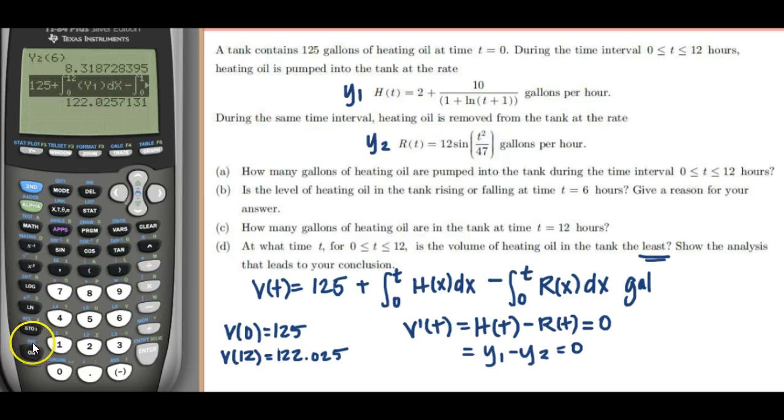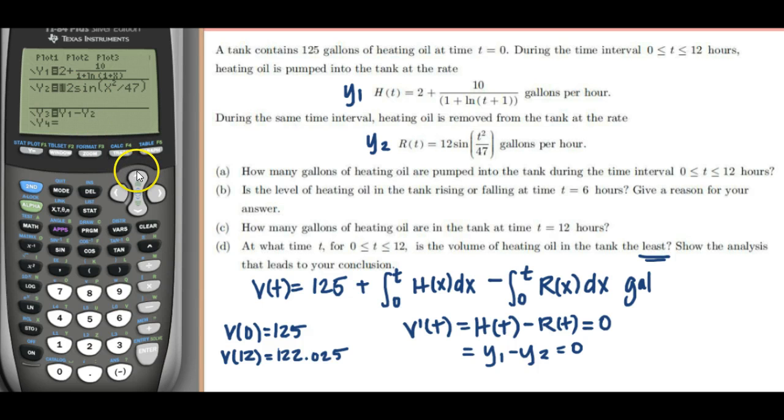Since we have already stored y1 and y2, we can go down to y3, and while we absolutely could retype out this function, h of t, and this function, which was r of t, what would make it even quicker is if we just entered y1 minus y2 as y3. So now y3 is y1 minus y2.